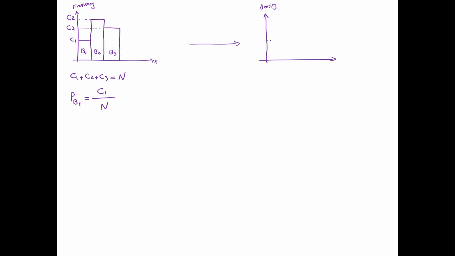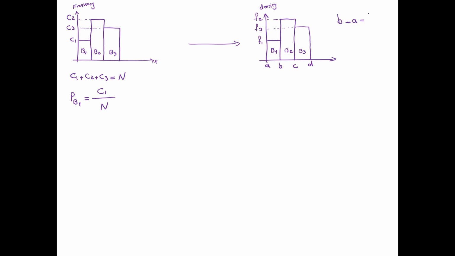Okay. Then 1, then 2, and then 3. So this is our F1, the density for the first one, the density for the second one, and the density for the third one. And let's say these points are A, B, C, and D. What is B minus A?